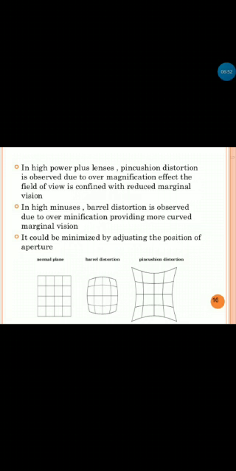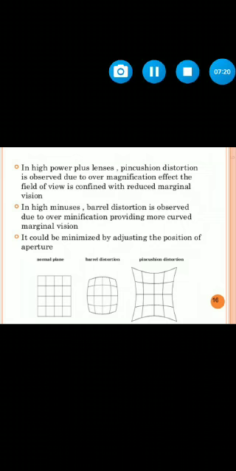So this is how the image is formed for a normal plane perpendicular object. So in the figure, you can see how the object is placed and how the images are formed. That means barrel distortion and pincushion distortion images are visible in the diagram.